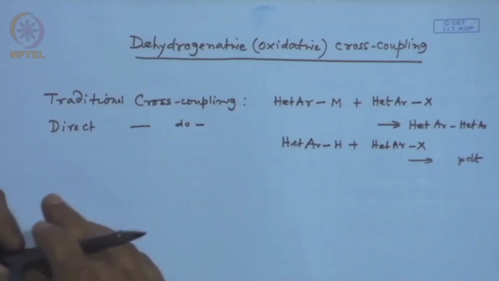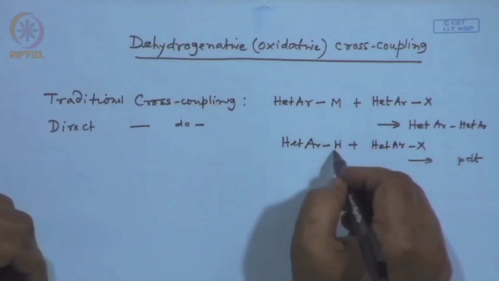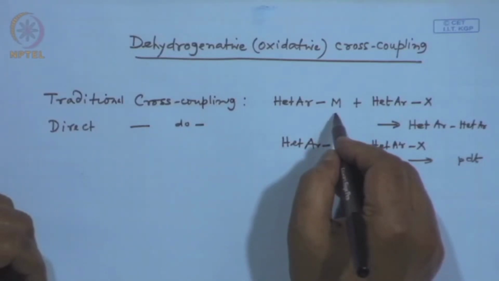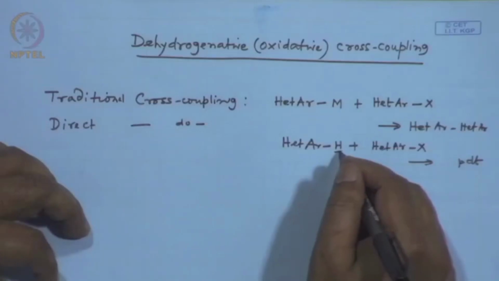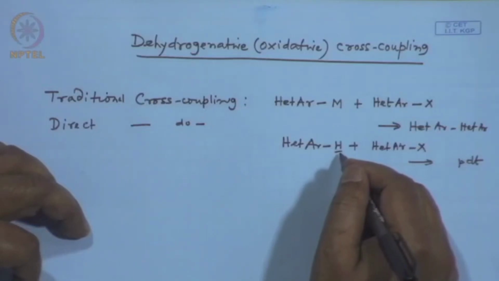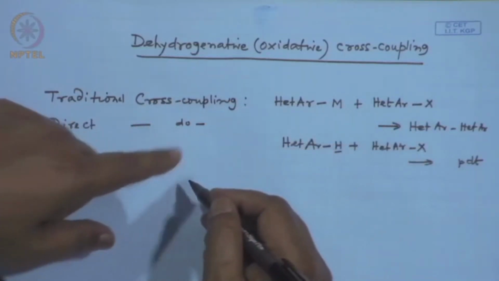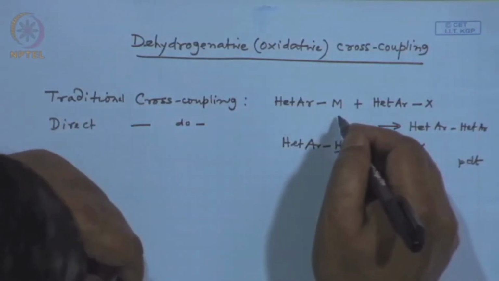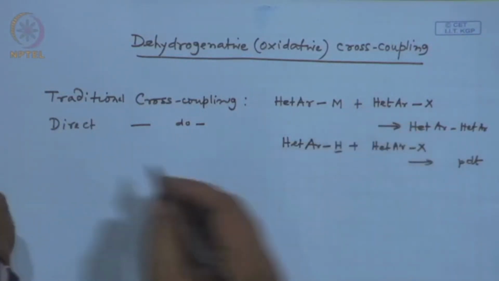In this case hydrogen is somewhat analogous to a metal, like silicon. Silicon we call some super hydrogen, it is a metalloid you can say, so it has some analogy with hydrogen reactivity. So that means the direct cross coupling is where we don't have a metal or metal derivatives.